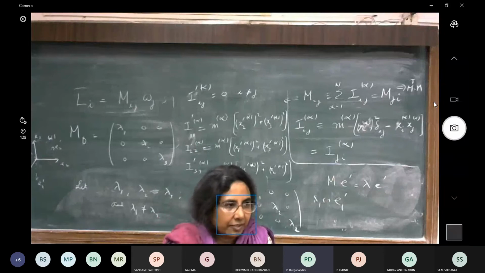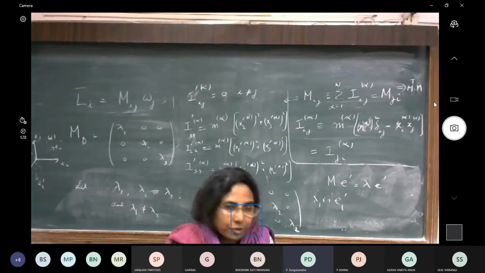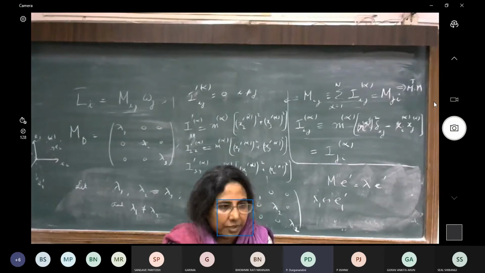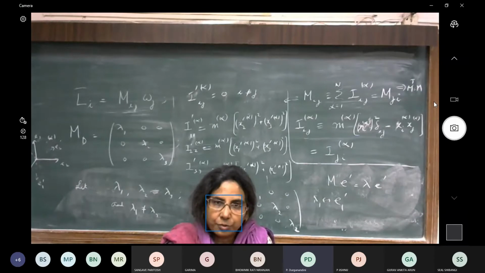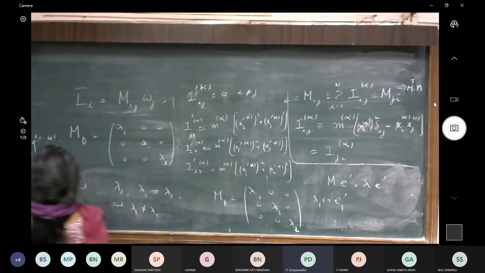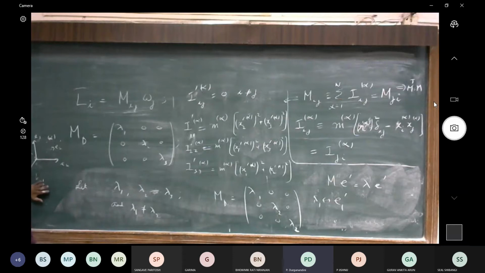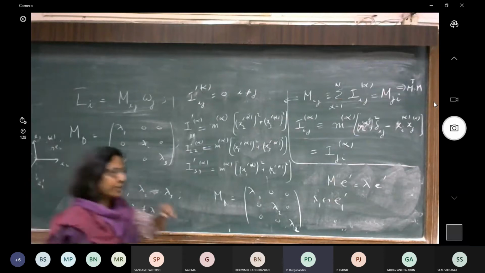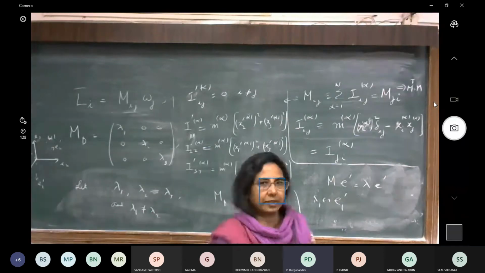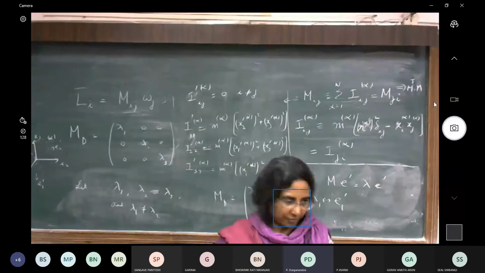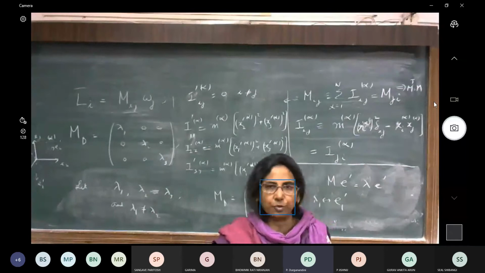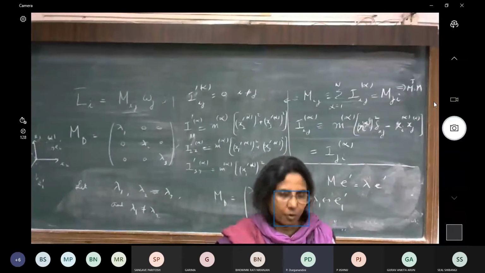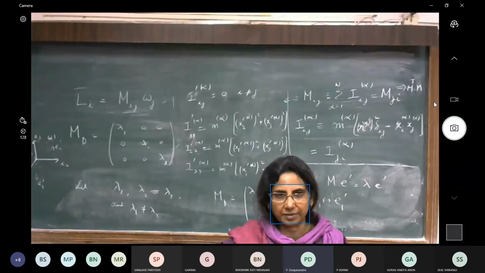So it means that the other two eigenvectors corresponding to lambda 2 must lie in a plane which is normal to E1 prime. So find out the plane which is normal to E1 prime. And then in that plane, because it's a plane, that means it's a two-dimensional vector space, I can choose any two orthogonal vectors as my basis vectors.